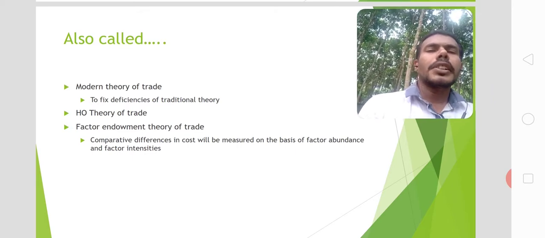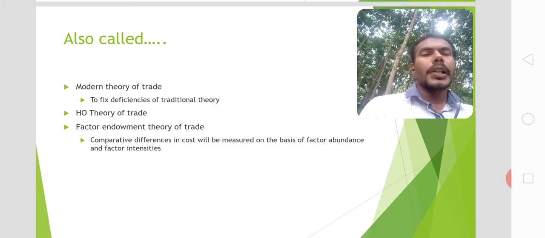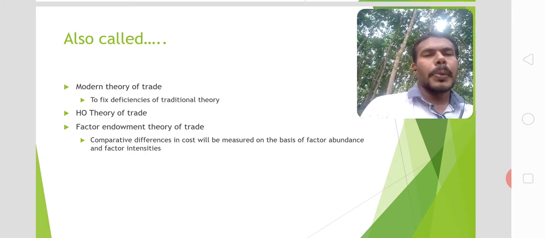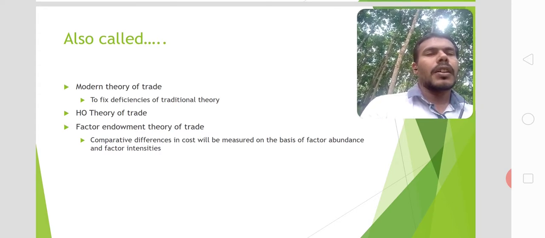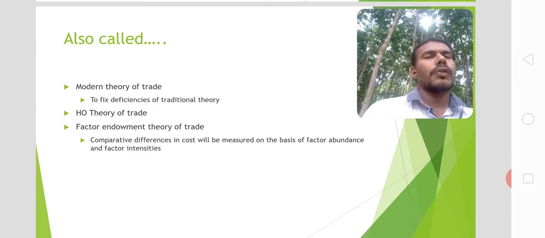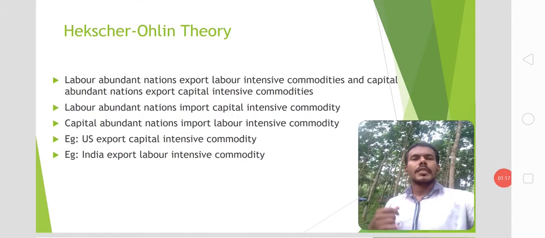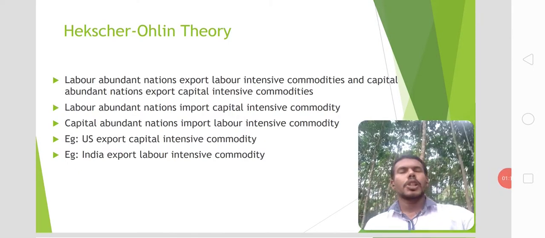And what determines the comparative advantage? According to the HO theory, the comparative advantage is determined by the comparative differences in cost that will be measured on the basis of factor abundance and factor intensities of two nations. As I said, this is factor endowment theory or factor proportions theory.